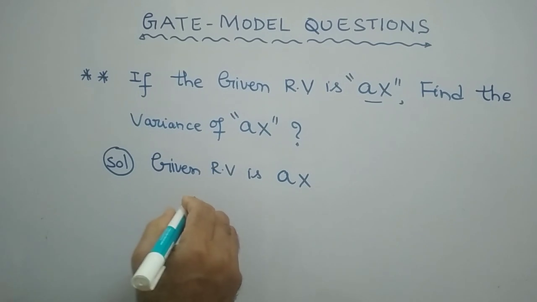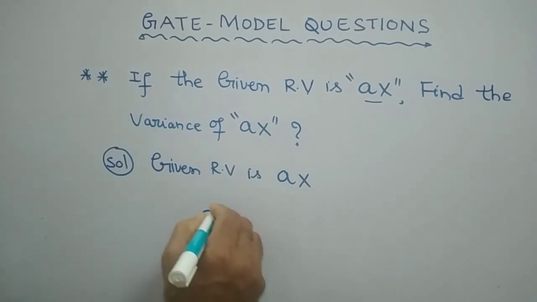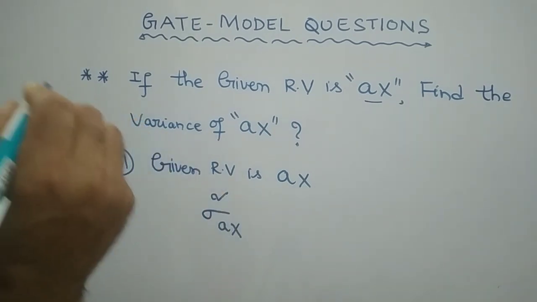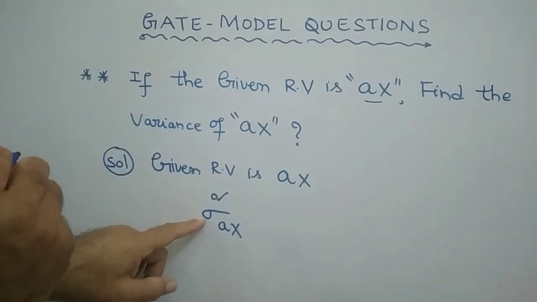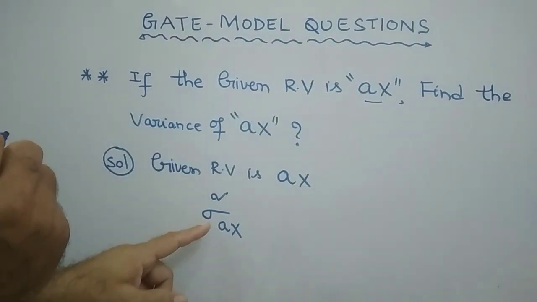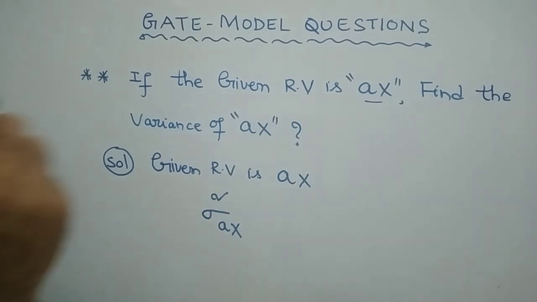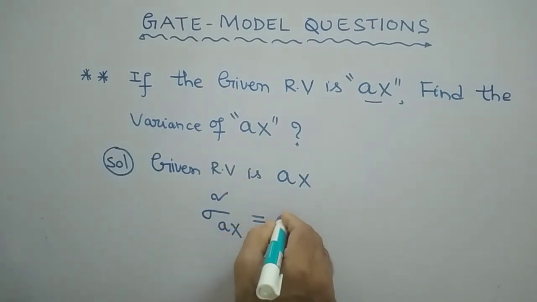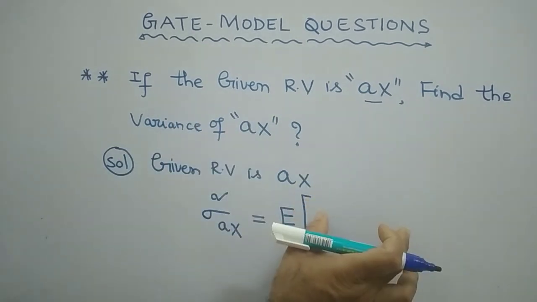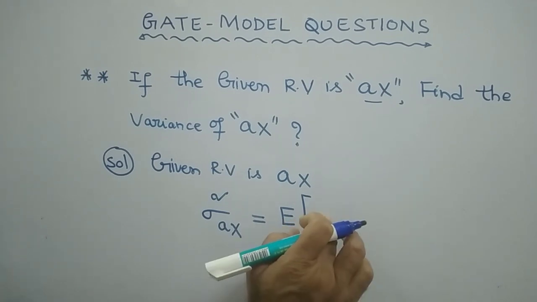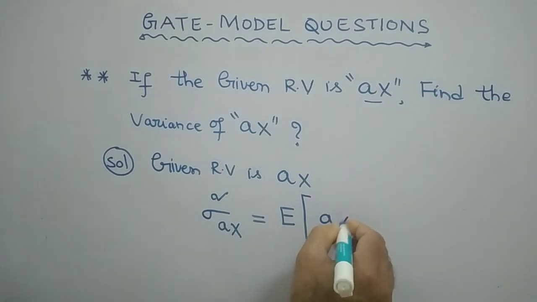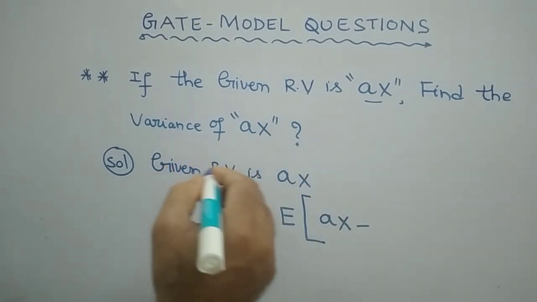Now for this, what is the variance? Variance is sigma square of ax. If it were random variable x, we would write sigma square x, but here the random variable is a into x, so we write sigma square suffix a into x. This is equal to the expected value of the difference between the random variable, a into x, minus the mean value.